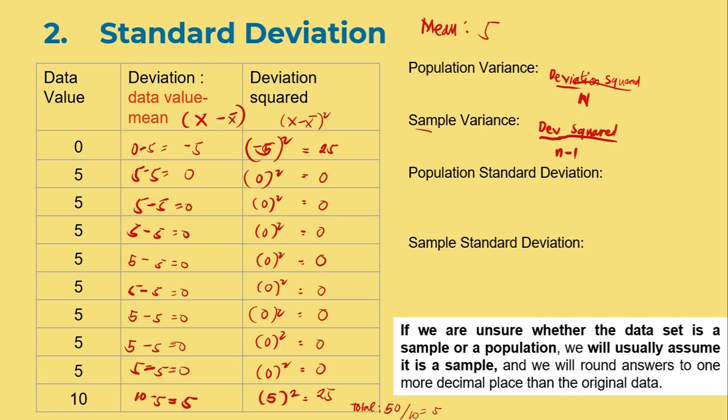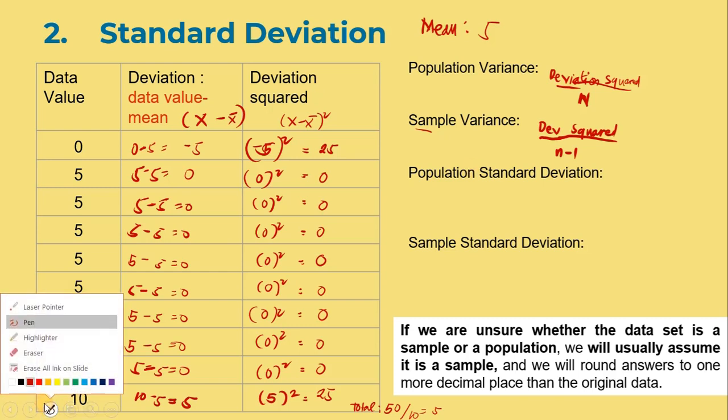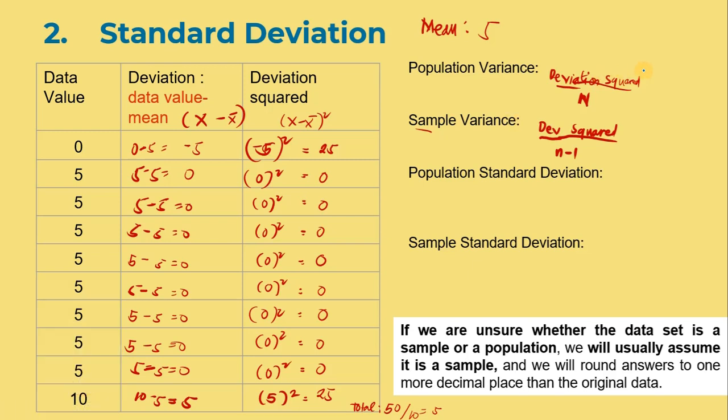So, your variance would be, for example, the deviation squared is 50. This is the total, the summation of deviation squared.